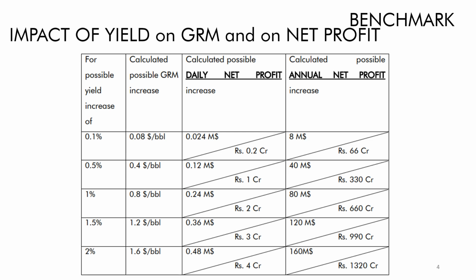So if there is a consistent 2% yield loss or opportunity of 2% yield increase, it is equivalent to about $160 million per year, or about 1320 crore rupees per year. This is for about 300,000 barrels per day refinery.